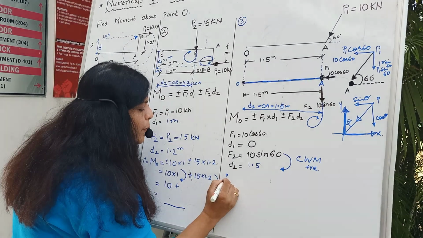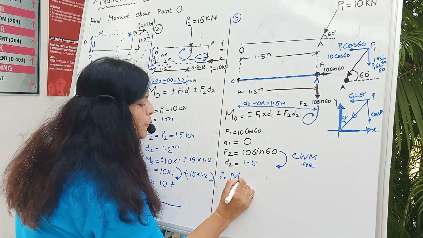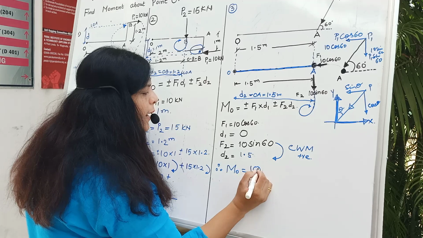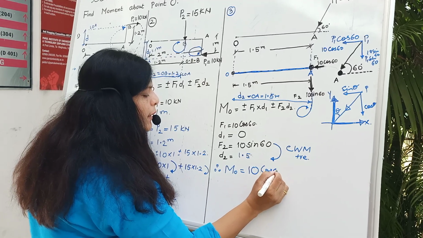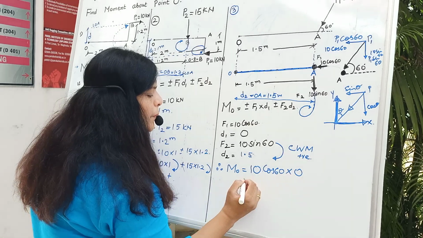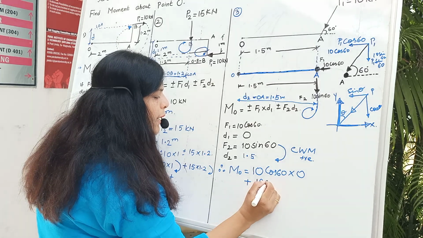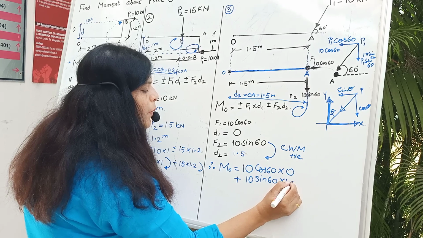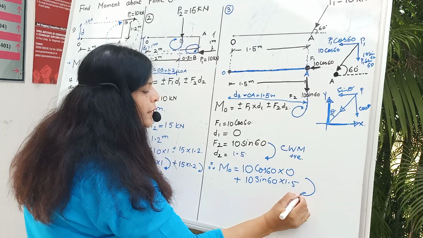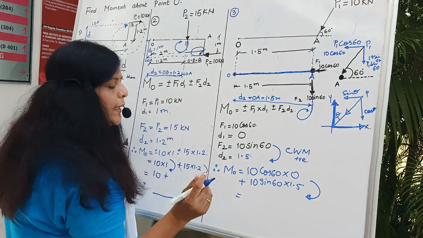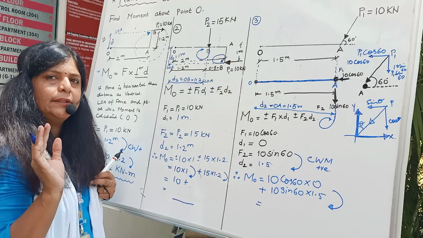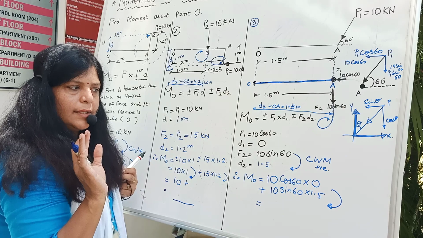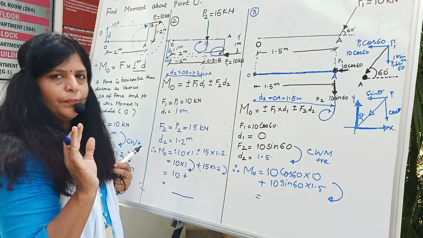So therefore moment about O is equal to 10 cos 60 into 0 plus 10 sin 60 into 1.5 as it is clockwise. What is 10 sin 60? Sin 60 is 0.866, or is it 0.5?